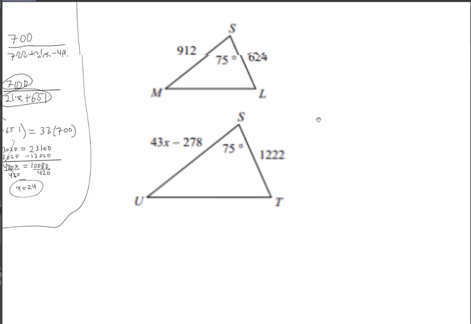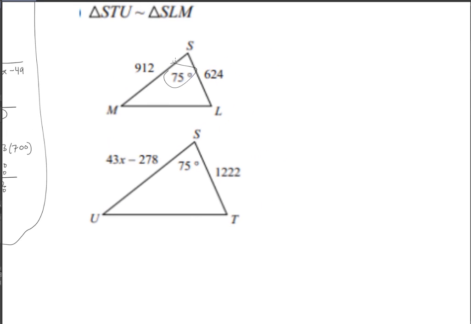So once again, we have our angle, right? They tell us that STU, so ST being the first two, ST would be this one here, and SL, so this one here. So they were nice. They lined up our things so that they look similar too, right? But the nice thing about this is this one's pretty straightforward.